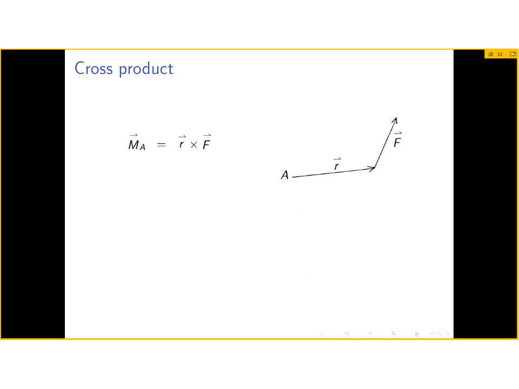Now, this is a matter of definition, but we can perhaps understand more what it means and also get to a way of calculating this cross product if we manipulate this vector diagram a little bit.